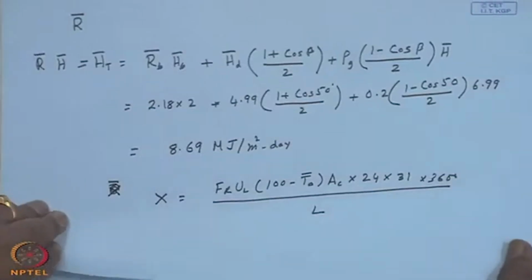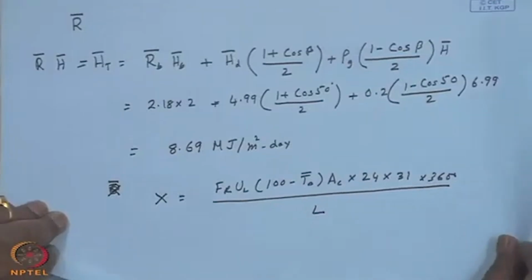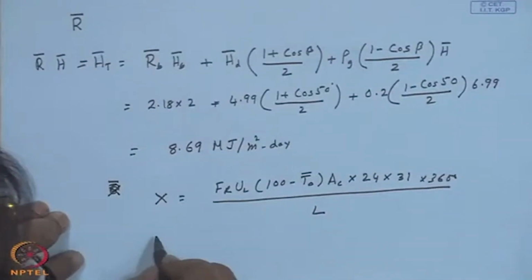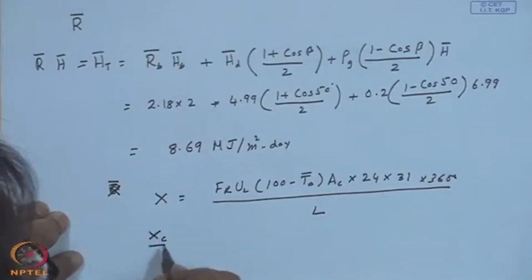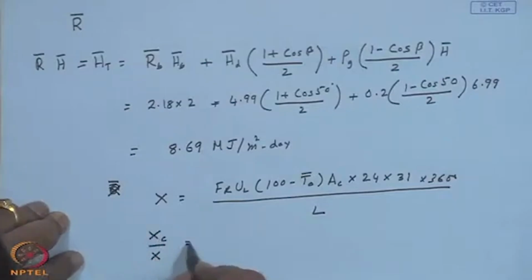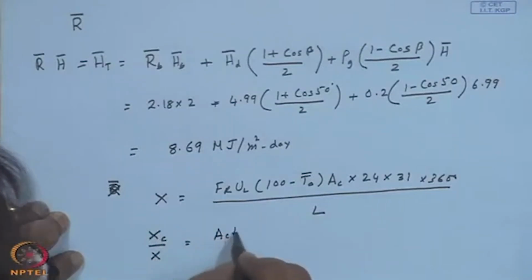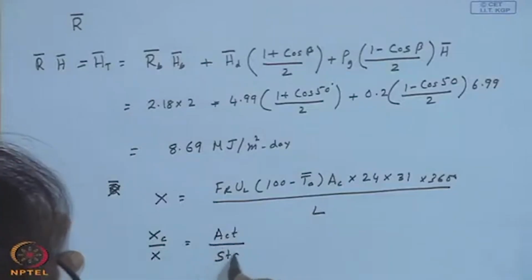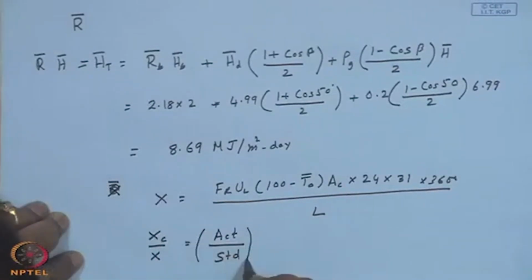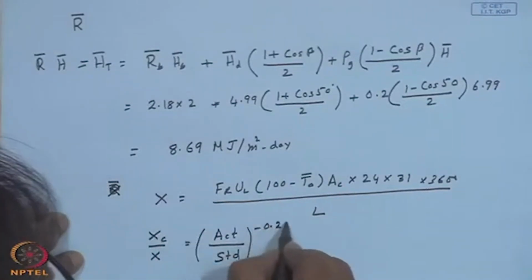And since the storage is considered to be different, you have got X_c by X is actual by standard to the power minus 0.25.